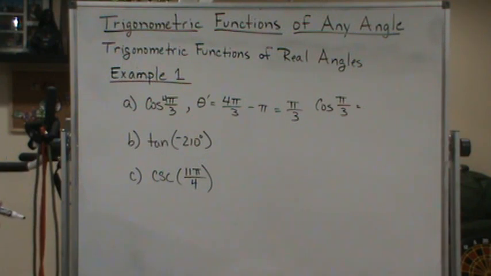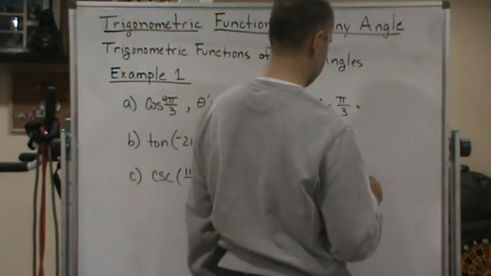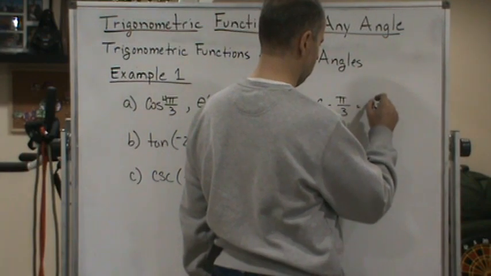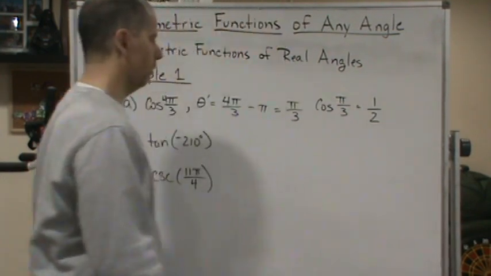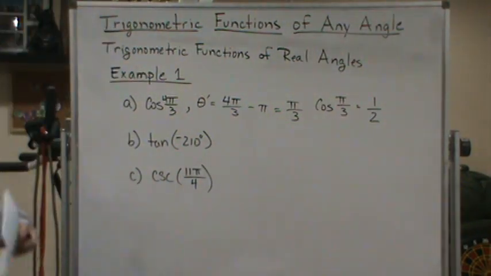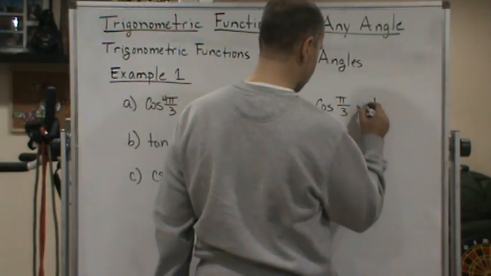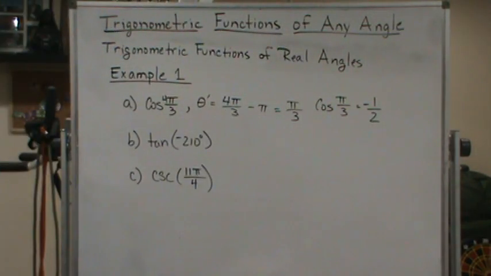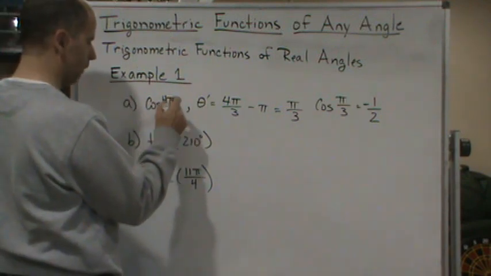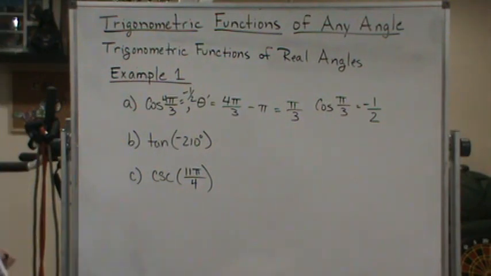Adjacent over hypotenuse, which is going to be 1/2, but since it's in the third quadrant, it's negative. Okay, so cosine of 4 pi over 3 is equal to negative 1/2.